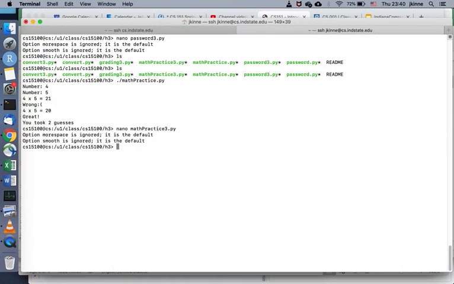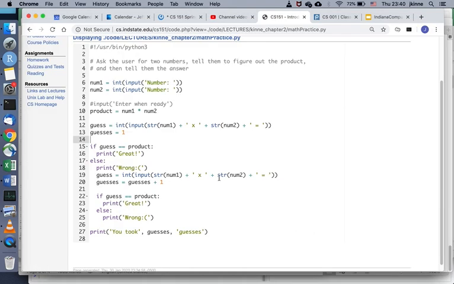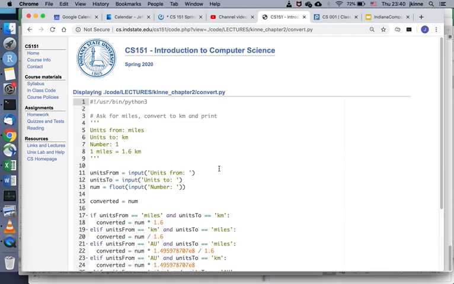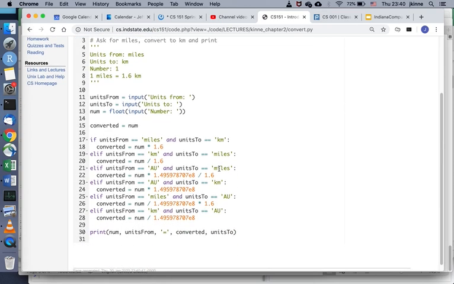Okay, so that is math practice. Let's take a look at convert. The program from class is convert.py, which is here. This is a unit conversion program where it'll convert from miles to kilometers, kilometers to miles, astronomical units to miles, and so on.